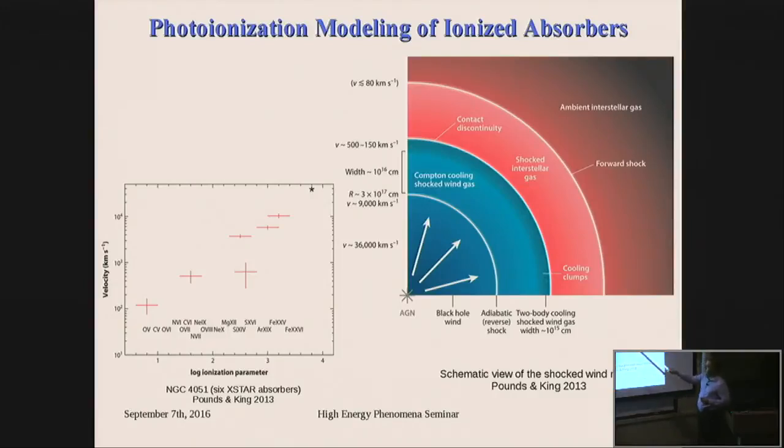While in this surrounding region, where the temperature is cooling and the speed of the gas is slowing, we see this component where the ionization parameter is also lower. So this correlation suggested that in this quasar we could have this schematic view of a shock wind model.